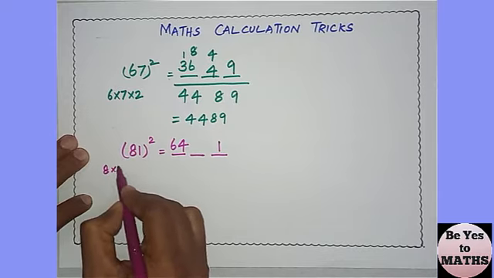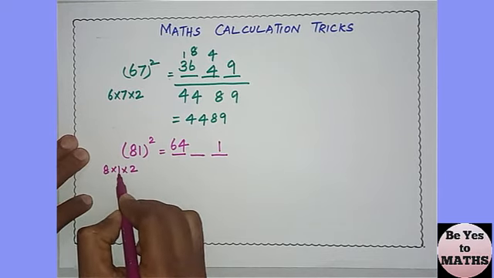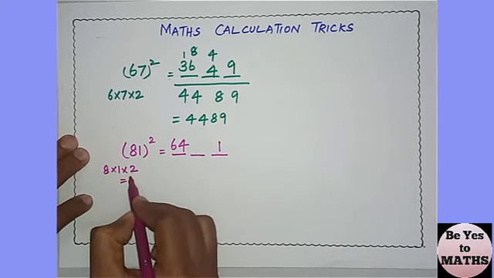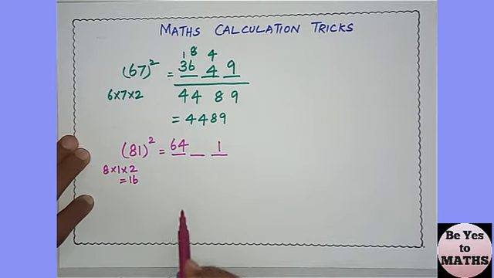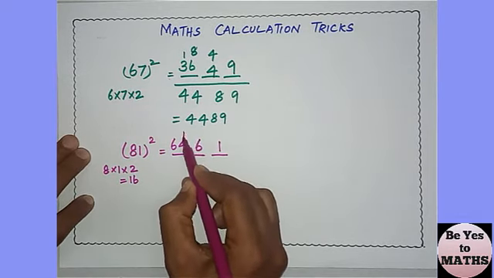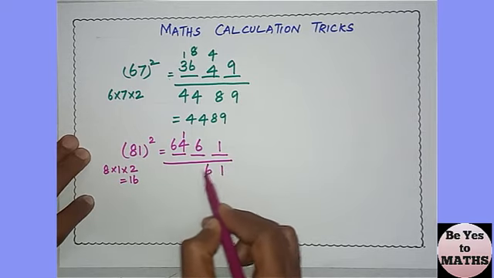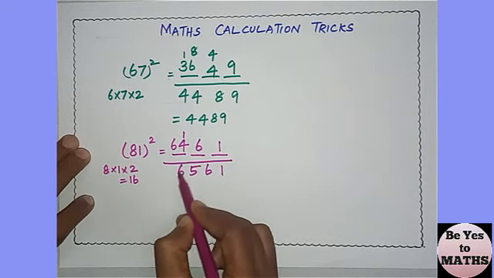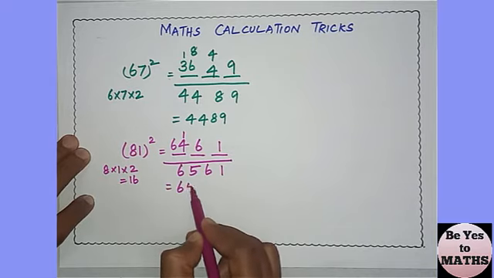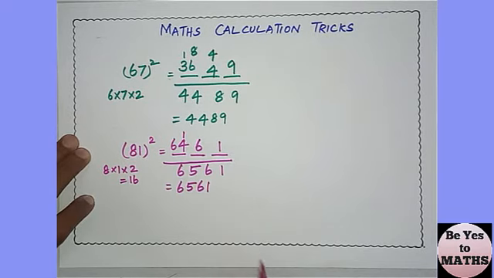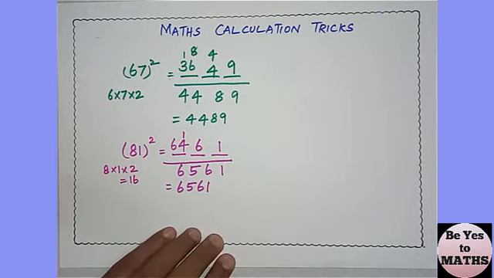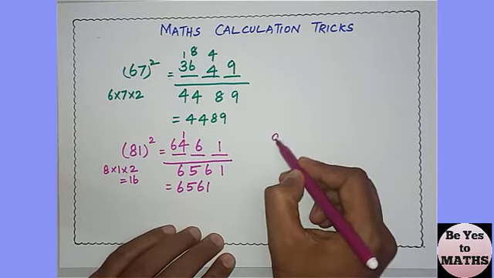So 8 into 1 into 2. 8 1s are 8. 8 2s are 16. So we'll write 6 here, 1 carry here. Sum of this whole thing is the answer. So 1, 6, 5, 6. So the answer is 6561.